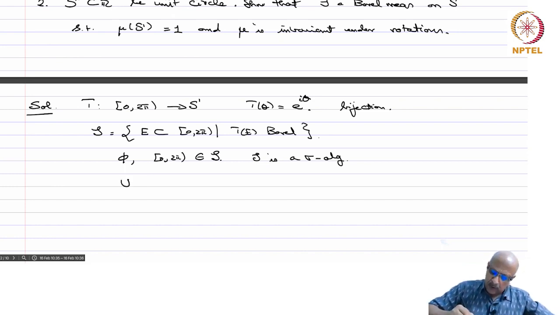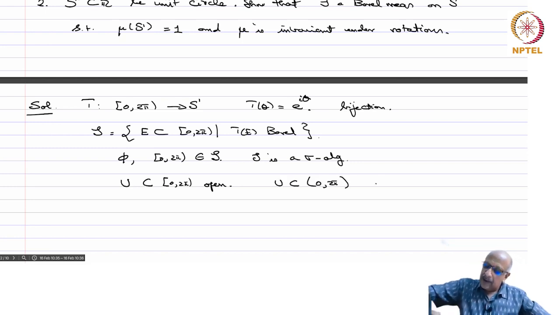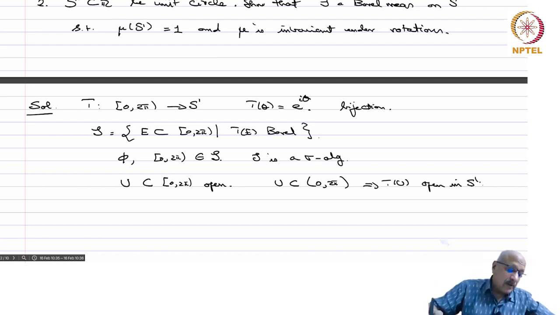Now if U contained in [0, 2pi) is open, there will be two possibilities. U could be contained in the open interval (0, 2pi), and this implies T of U is also open in S1, by the mapping here. Or U could be something like [0, alpha).